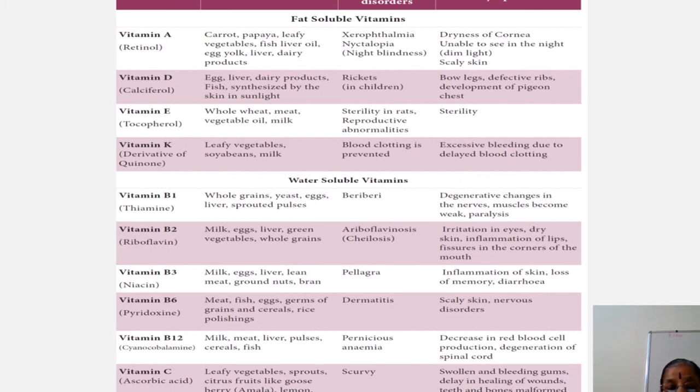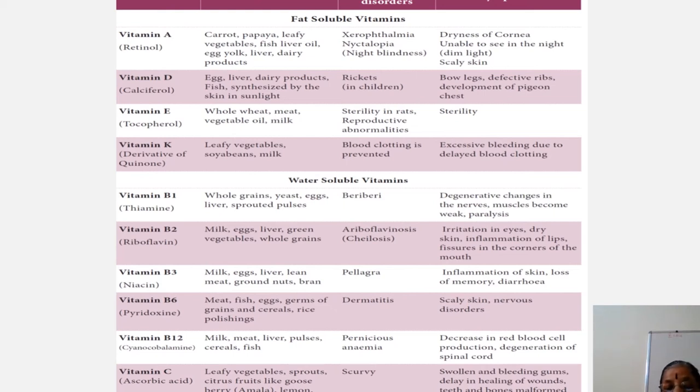The name of the disease is pernicious anemia, and it decreases RBC, red blood cell production, with degeneration of spinal cord. This is important. You should know all this, especially poor people in slums, who have some malnutrition, so children will be suffering from these diseases.